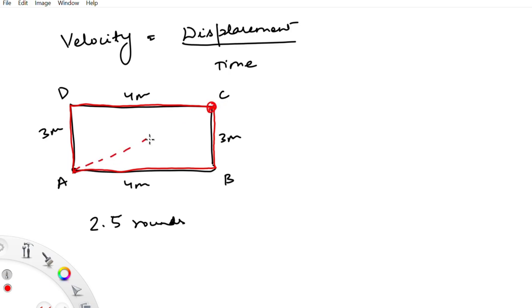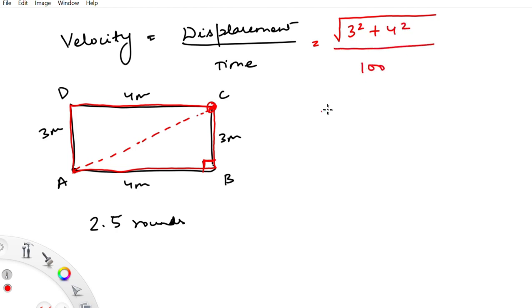So this distance or this path over here becomes the displacement of the athlete, and this can be easily calculated using Pythagoras theorem. So displacement becomes root of 3 square plus 4 square, and you have the time as 100 seconds.